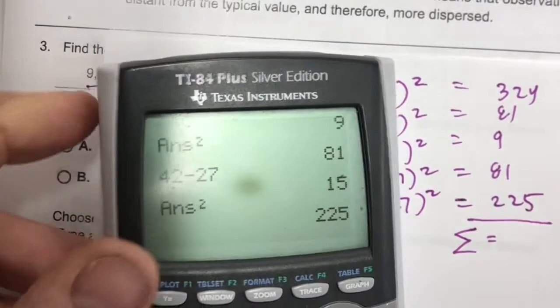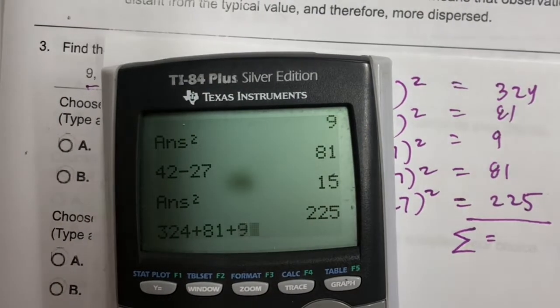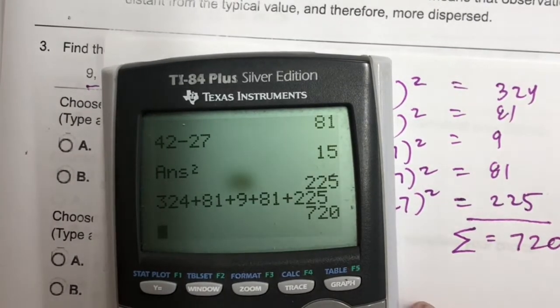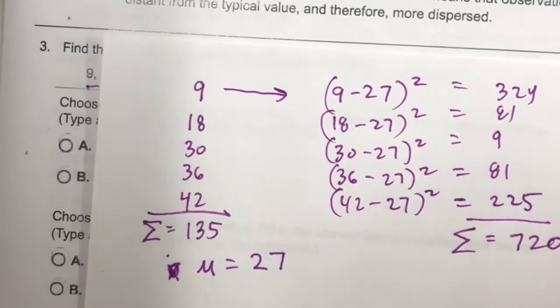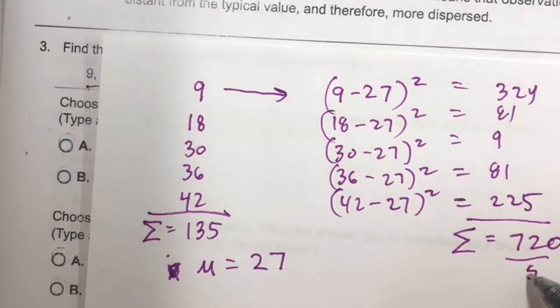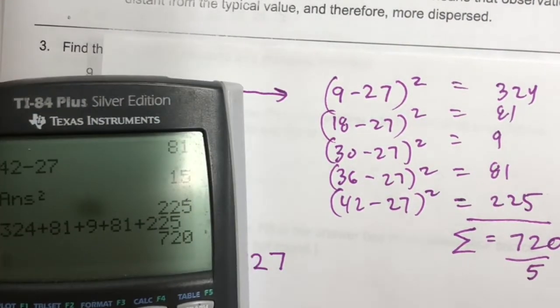So I add these up: 324 plus 81 plus 9 plus 81 plus 225, and I get 720. In this population, we had 5, so I divide this by 5. 720 divided by 5, I think it's 144.